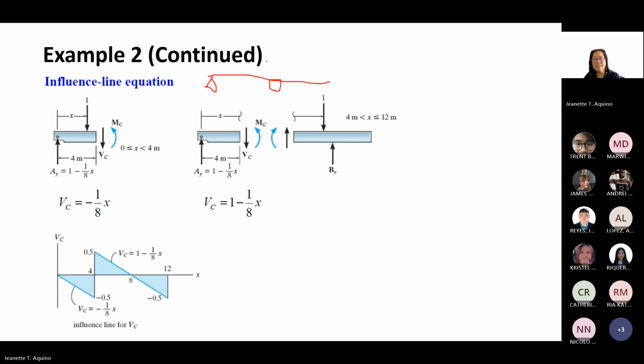And the load is here at distance x. The distance is 4 for all: here is 4, this is 4, and then 4. Okay, so that's our beam. We take the worst point. Point C is here.